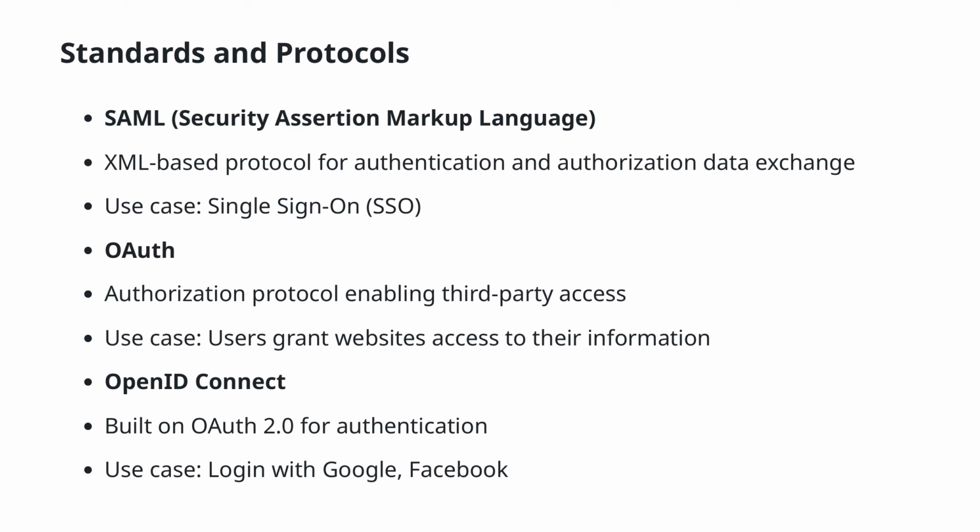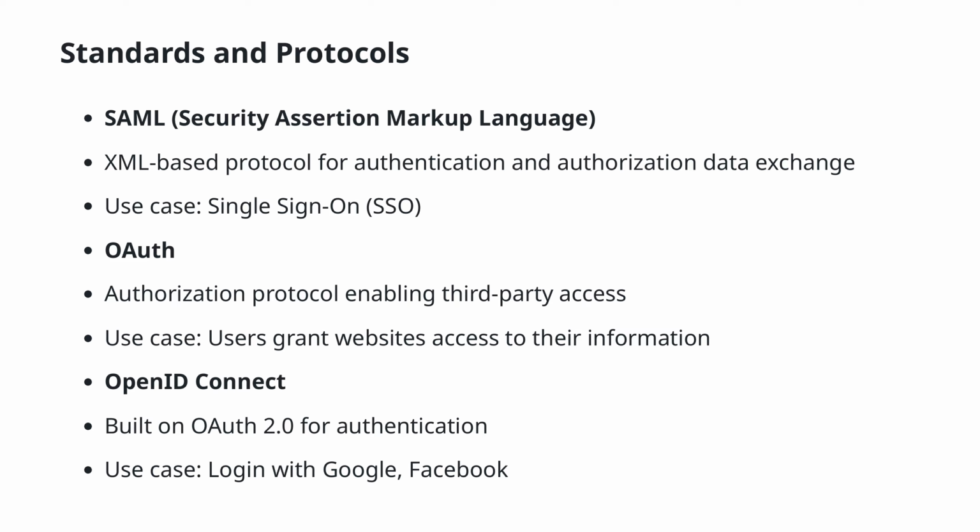Next, we have OAuth. This open standard is an authorization protocol which enables third-party applications to obtain limited access to user accounts. For instance, you might grant a website permission to access your profile information on another site without sharing your password. Lastly, there's OpenID Connect, which is built on top of OAuth 2.0.